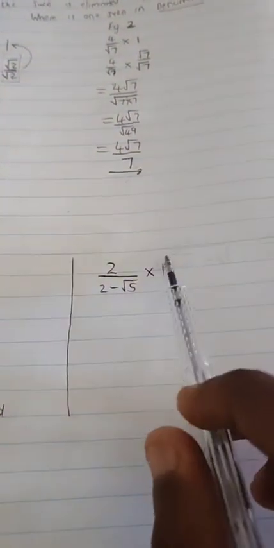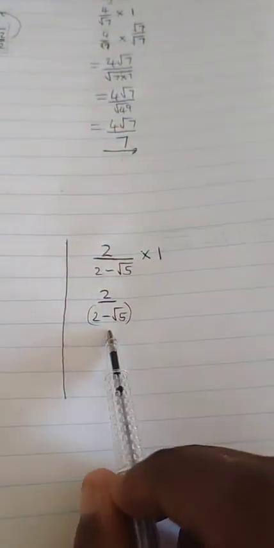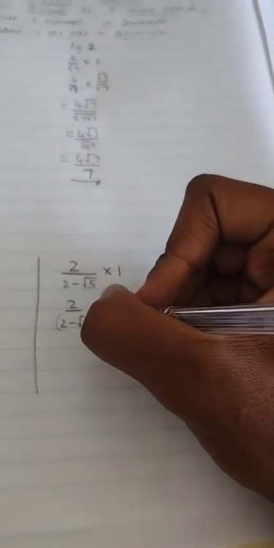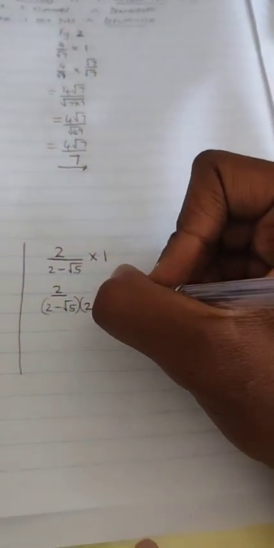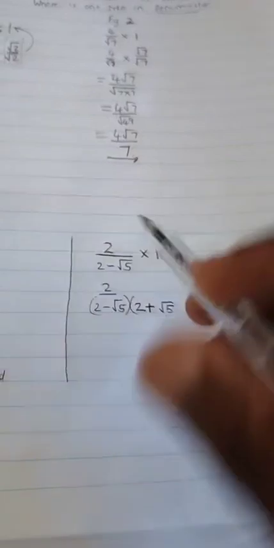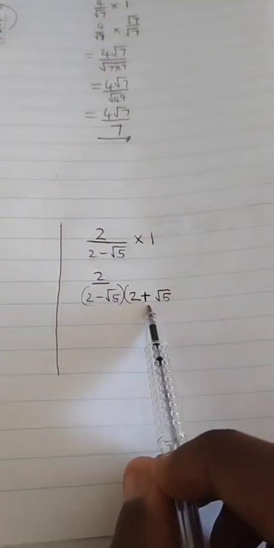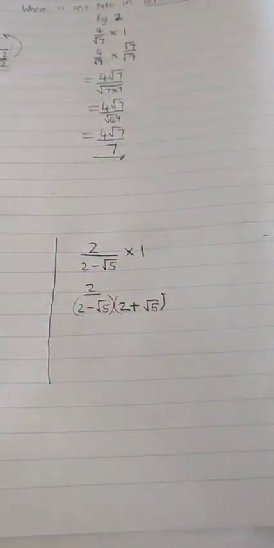So typically I'd multiply by 1, but the unique form of 1, when there are two terms, we multiply the denominator by the same first term 2, the same last term square root 5, but we simply change the middle sign that separates them to plus, and we close the bracket.